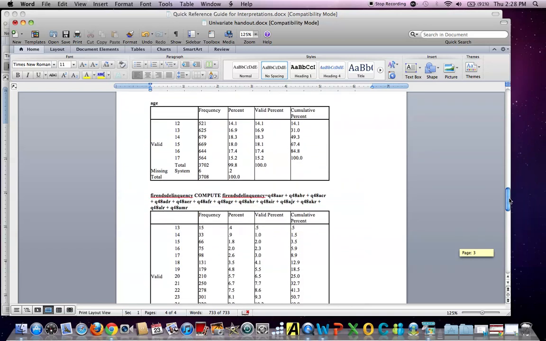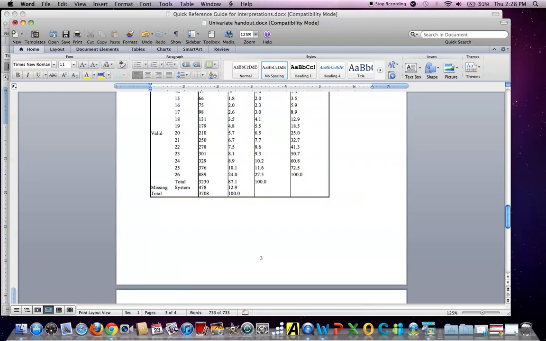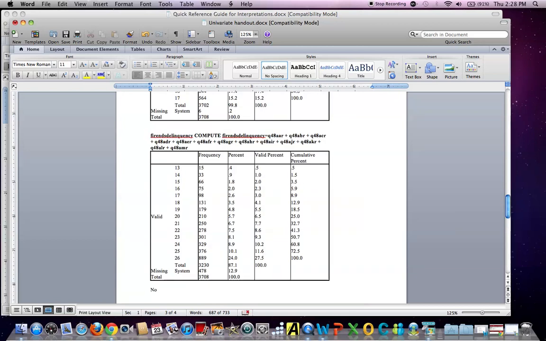Now, I need to tell you a little bit about this data. The distribution: note, the higher the number, the less delinquency committed by the respondent's friend. Okay?